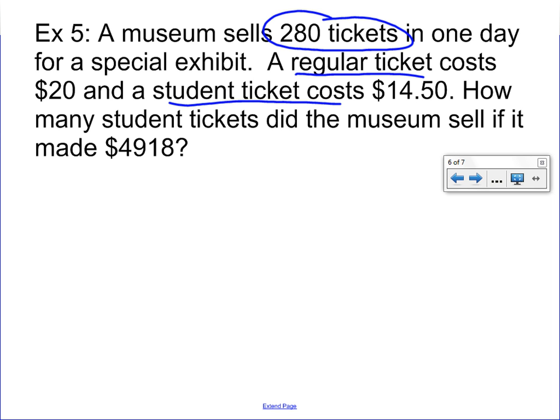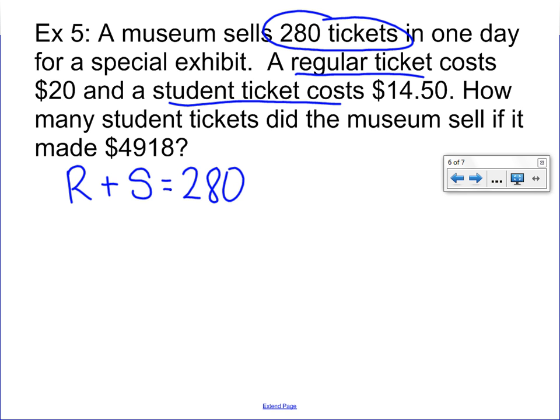So I know that the regular tickets plus the student tickets has to equal 280 total tickets. That's how many were sold. They also tell me that a regular ticket is $20, a student ticket is $14.50, and they sold a total of $4,918 worth of tickets.